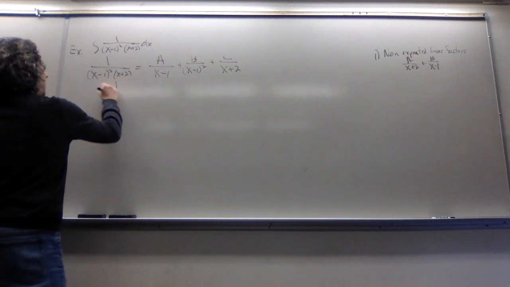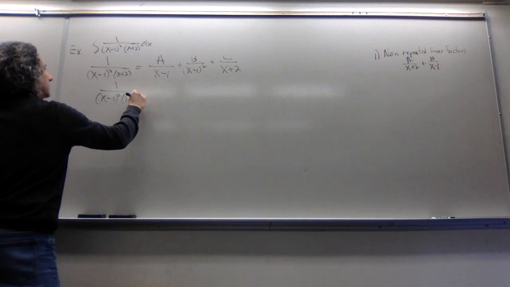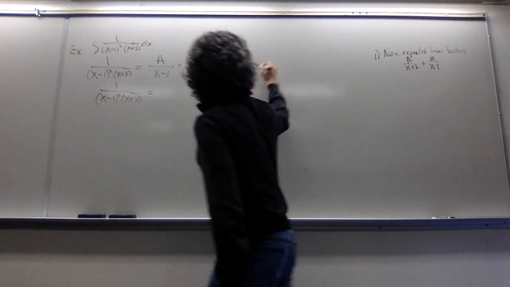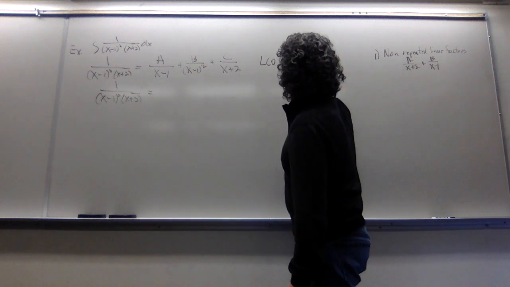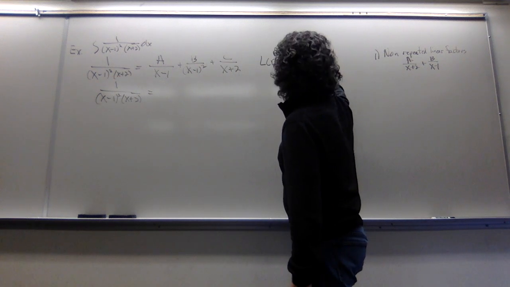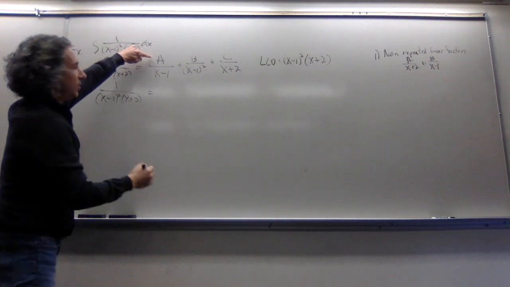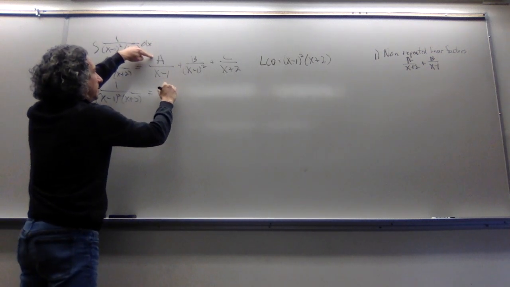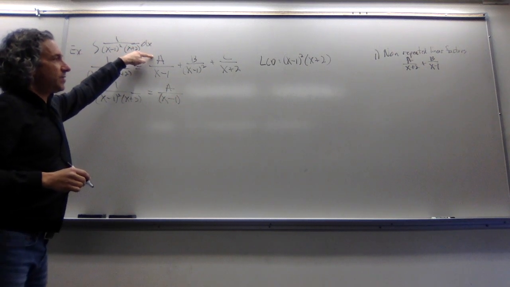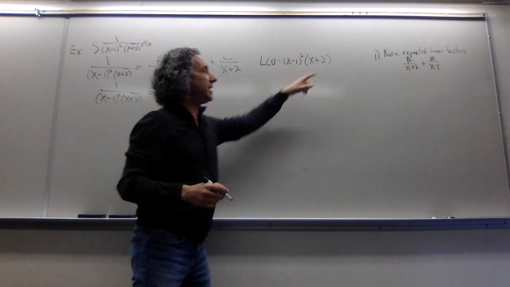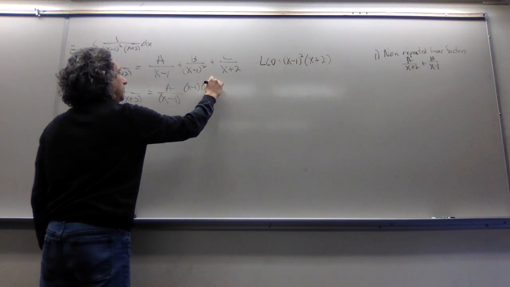Hopefully you had 1 over x minus 1 squared times x plus 2 is equal to, well, what is the least common denominator? The least common denominator is x minus 1 squared times x plus 2. So this term here already has an x minus 1, so I need another x minus 1 and I need an x plus 2. So x minus 1 times x plus 2.